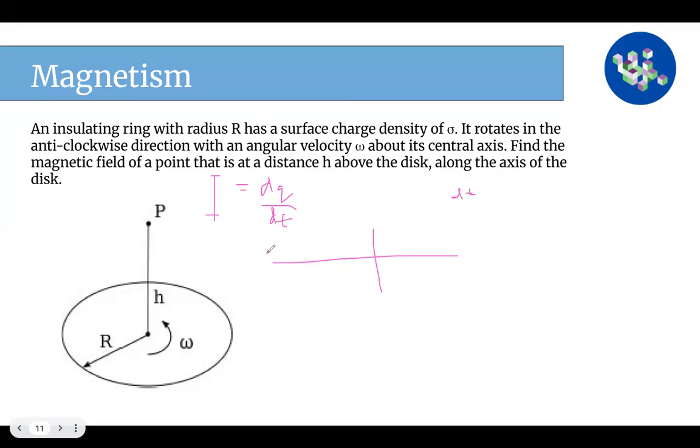After some dt, it's going to move a distance of v dt, speed times time. Then I want to find the amount of charge that will pass through this region over here. How much charge will pass through?